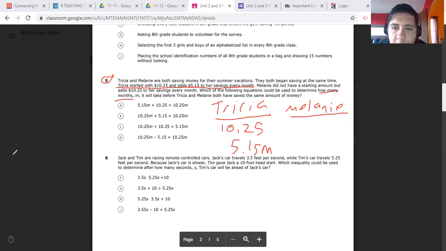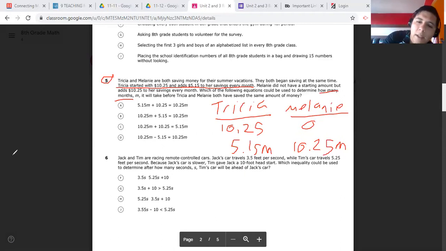Okay. So it says Melanie did not have a starting amount. So she starts off with nothing, but she adds $10.25 every month. So she didn't start off with anything, but she saves a lot more than Tricia does. Okay. So eventually she's going to catch up at some point. But how are we going to know when she's going to catch up? We'll know when they're both equal to each other.